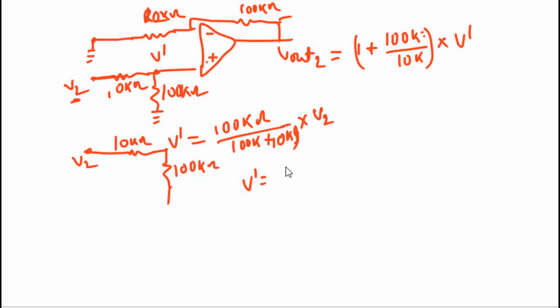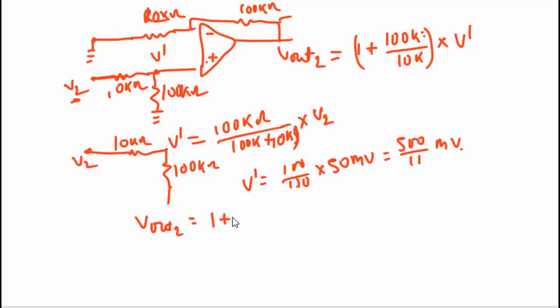So V prime is 100 divided by 110 times 50 millivolt, which is 500 upon 11 millivolt. When you put V prime in Vout2, you will get Vout2 as 1 plus 10 times 500 upon 11 millivolt, which gives you 500 millivolt.